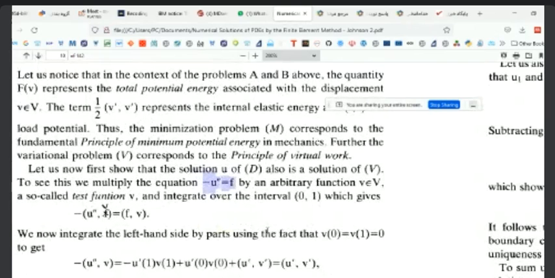And we want to show that the same solution exists for both the variational and differential equations.